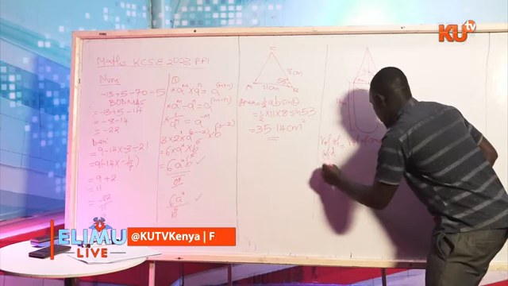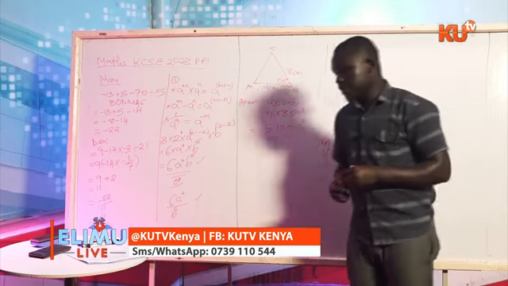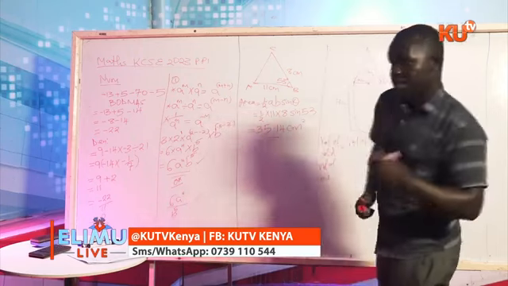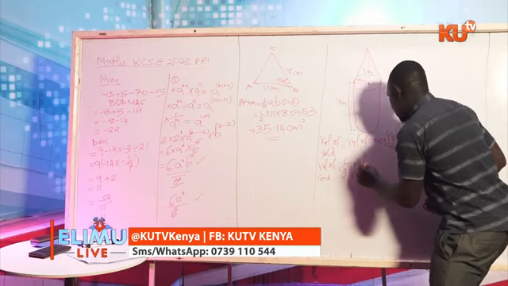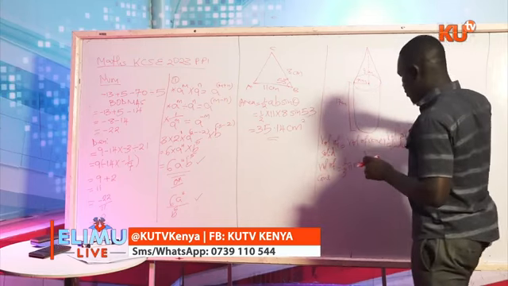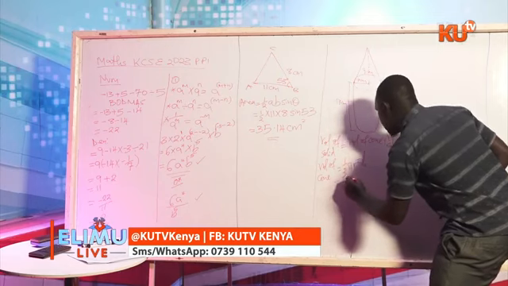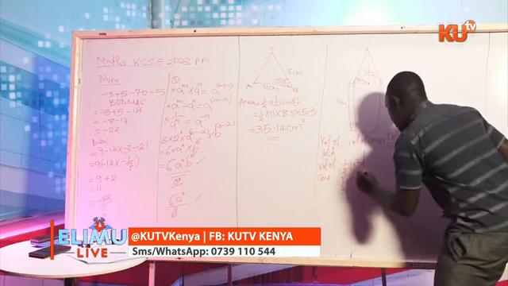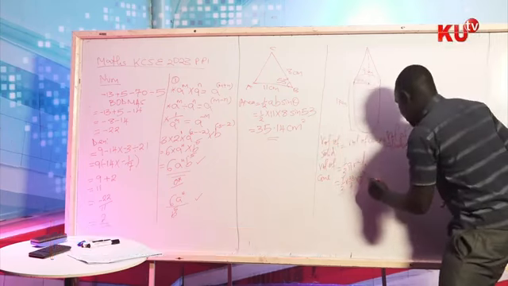How do you get the volume of a cone, dear students? The volume of a cone is simply given by a third pi r squared h. That is the formula for getting the volume of the cone. Now, we do substitution. It is a third times the pi we've been given, 22/7, times the radius 7 squared, times the vertical height of the cone, which is 9 centimeters.